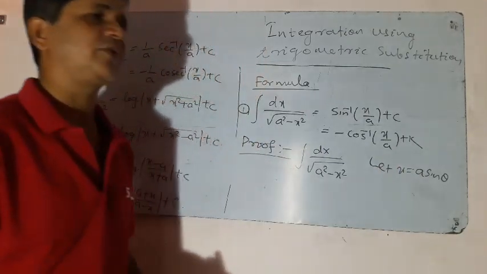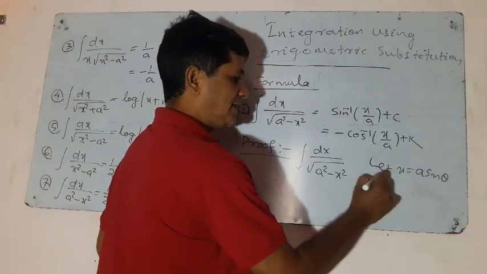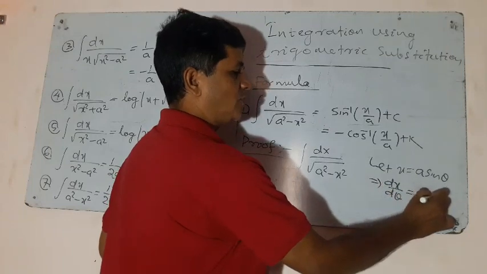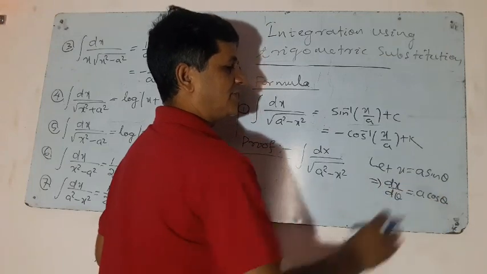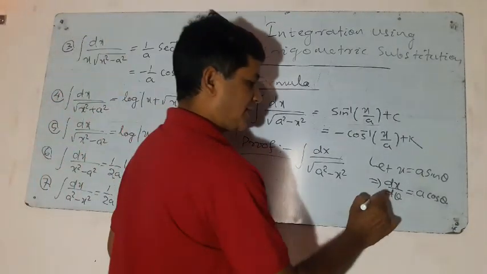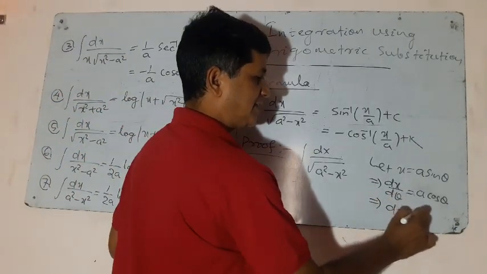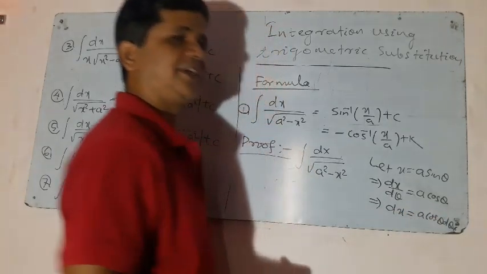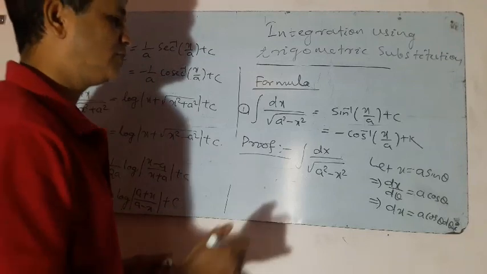First we take x is equal to a sin theta. Then dx by d theta is equal to a cos theta, because a is a constant and sin theta derivative is cos theta. Then dx is equal to a cos theta into d theta.